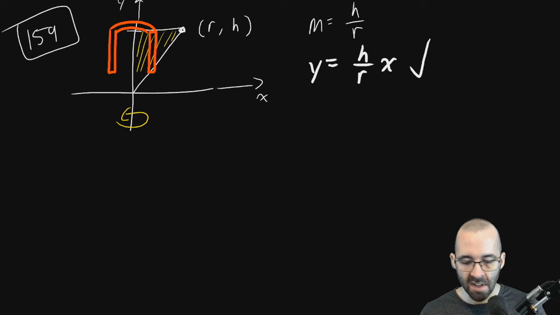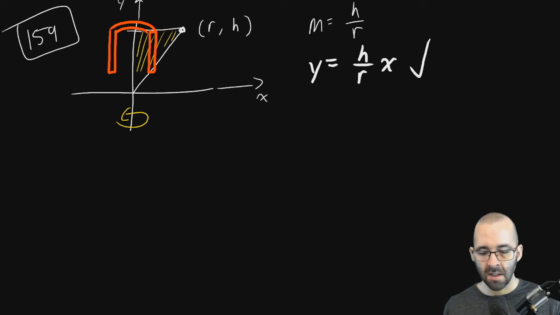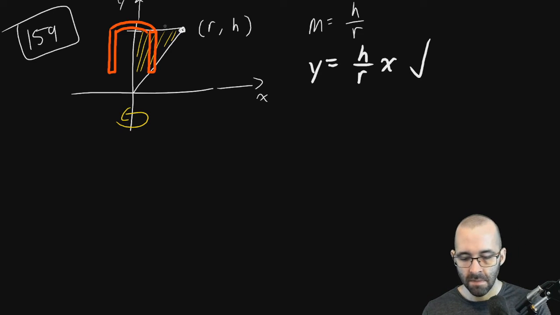The radius is just x. We need the circumference, 2 pi x. And the height is just going to be a height of h minus this height, which is h over r times x. And that lets us set it up.